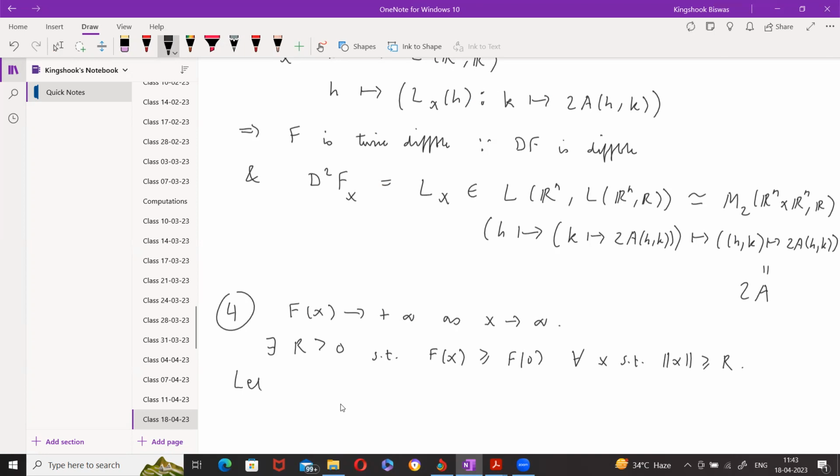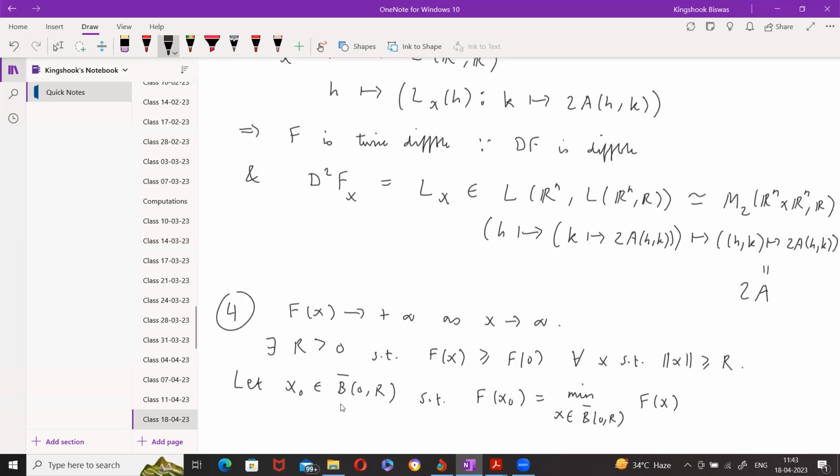Then you let x naught belong to the closed ball of radius R around the origin, this same R, such that f(x naught) is the minimum over this ball of f(x).